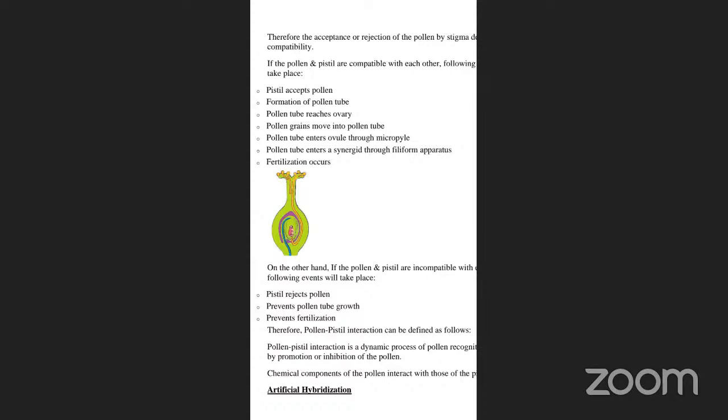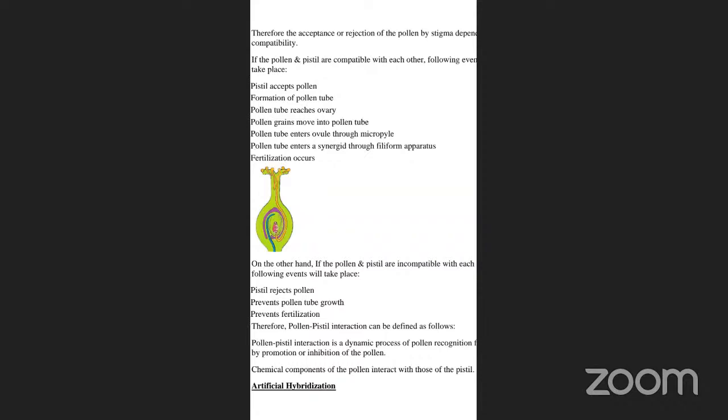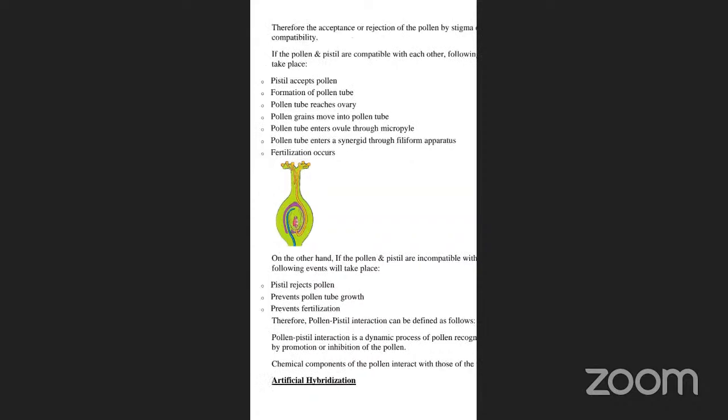Then finally fertilization. If the pistil rejects the pollen, it is non-compatible. If compatible, the pollen tube starts and moves towards the ovule, finally reaches the ovule, then fertilization.